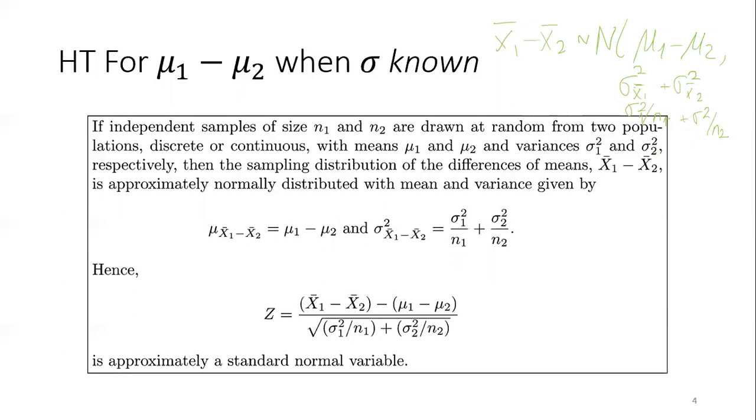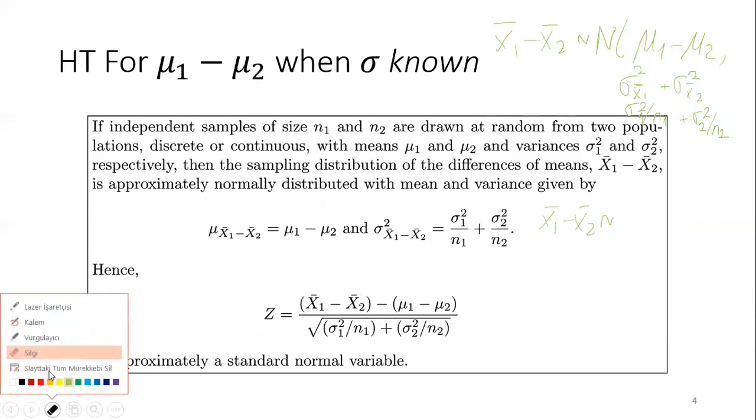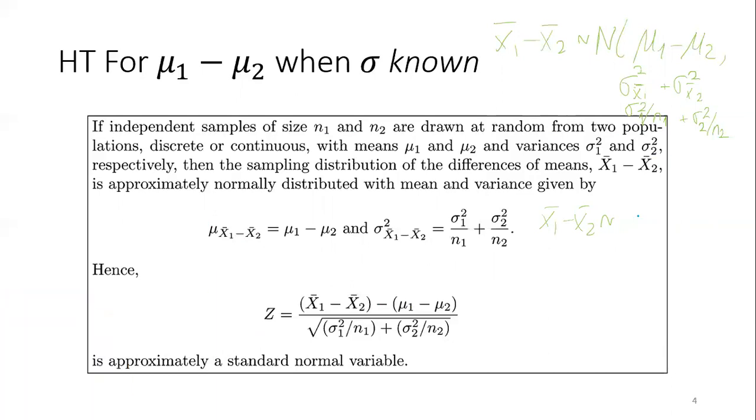Which means x1 bar minus x2 bar is in fact normally distributed with mean mu1 minus mu2, and its variance is sigma 1 squared divided by n1 plus sigma 2 squared divided by n2. So this is the approximate distribution of x1 bar minus x2 bar.